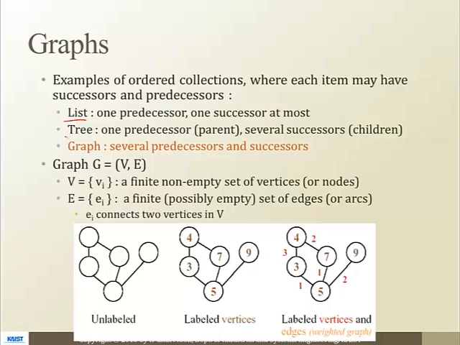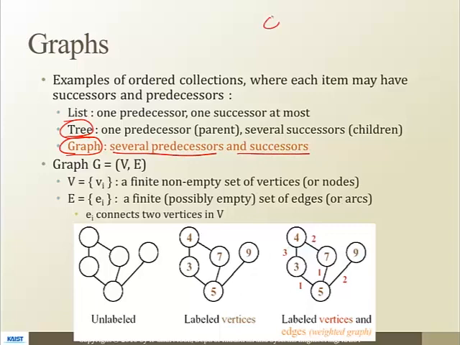However, the tree structure had a set of rules, so that was an ordered collection. For example, a binary search tree has left-hand side and right-hand side, and parent. There were obvious rules between those three. And the graph structure is again some kind of unordered collection. It has multiple predecessors and multiple successors.